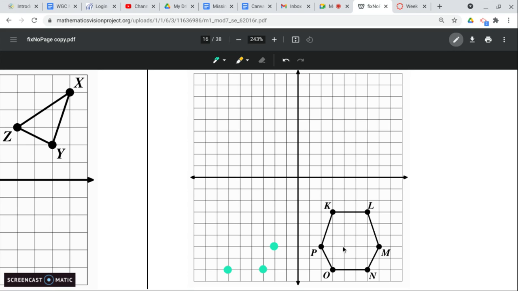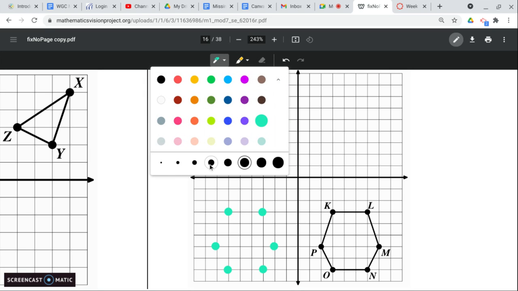M is 5 from P, so 1, 2, 3, 4, 5 from P. K is 3 from it, so it'd be right there. And then L is 3 further, so 1, 2, 3. So there is our first image.